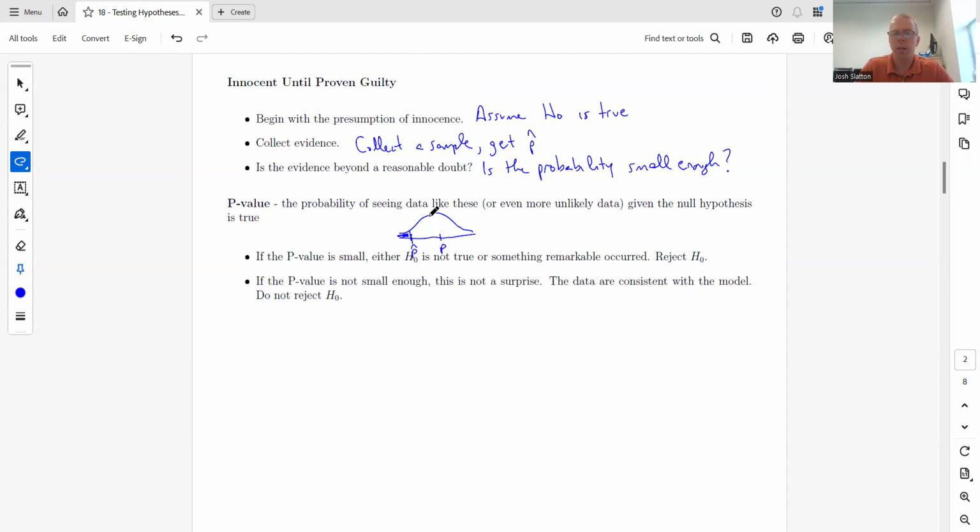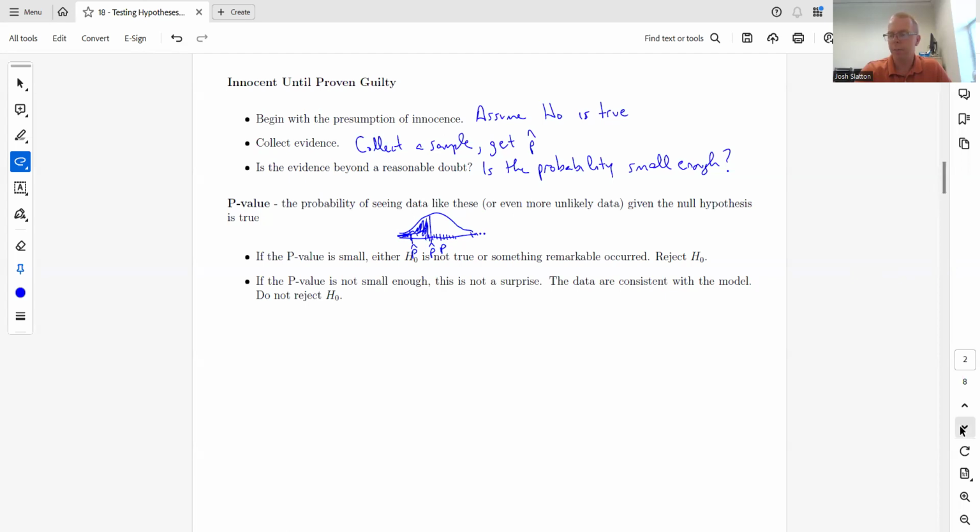In other words, if your p hat is up here, then you have this big area, and the probability that it is here or less is not small, and you'd expect to get samples around here. These would not be too unlikely. But when you get way out here at the edge, now we're getting very unlikely, and that's probably not just due to random chance. And if it is, it's still going to be extremely rare.